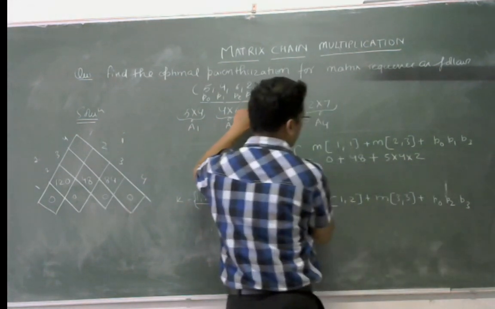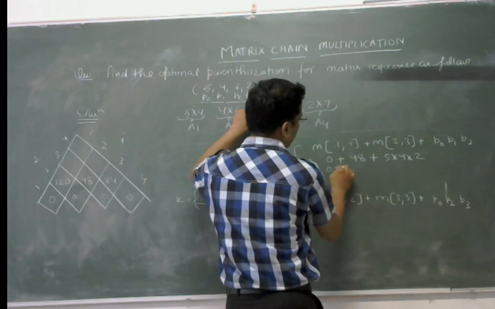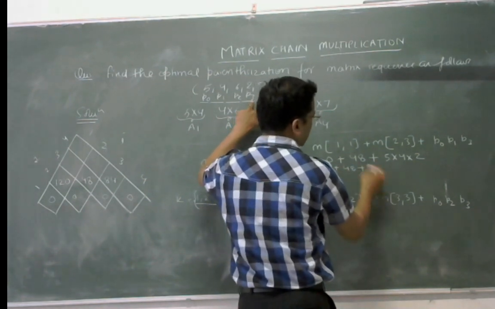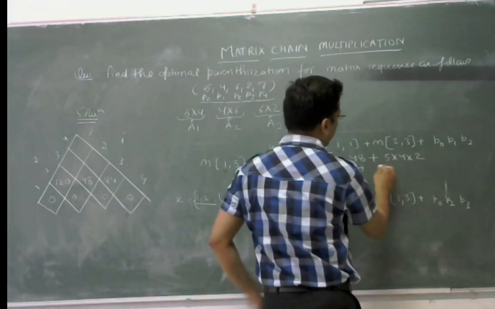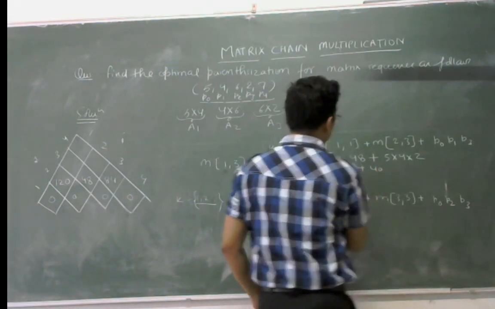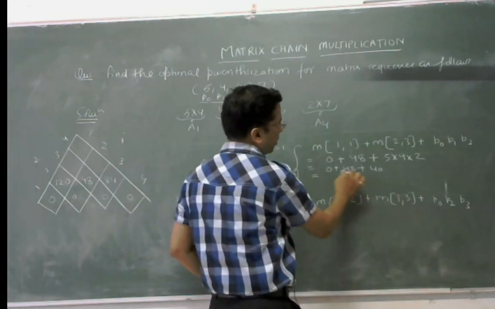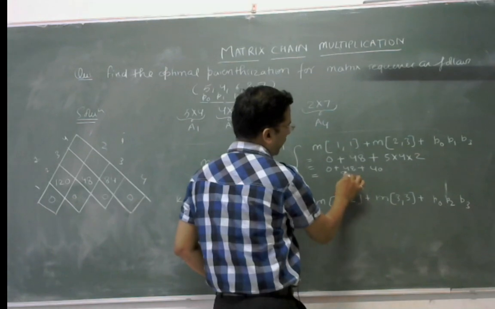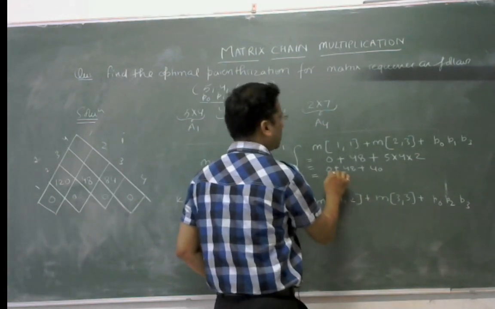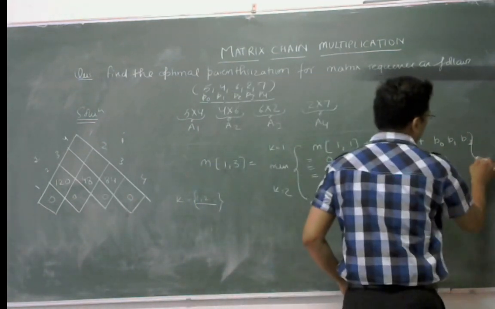So this would be equals to 0 plus 48 plus 5 into 4 into 2, that is 40. So this equals to 88.